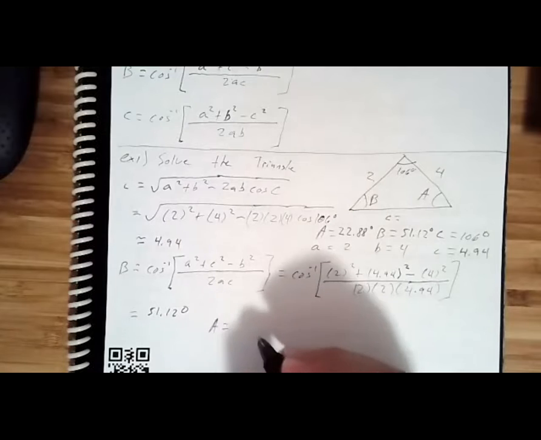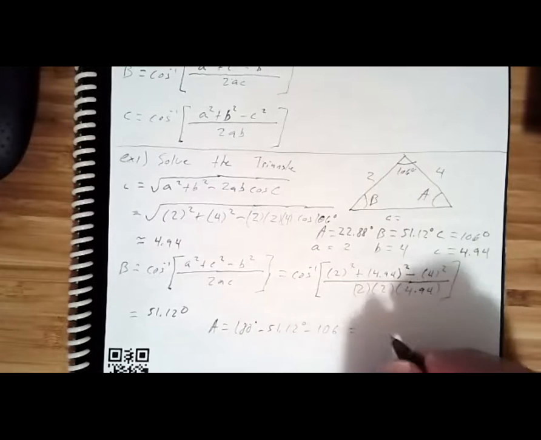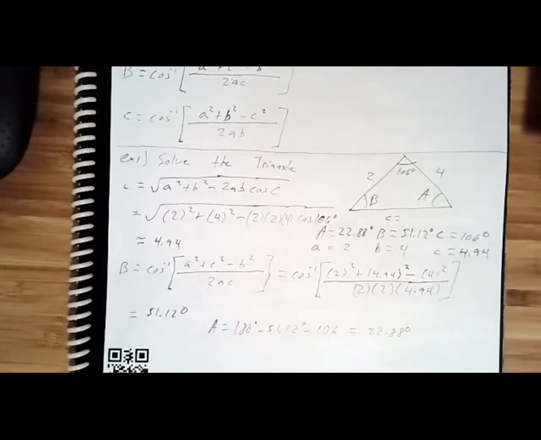So A will be equal to 180 minus 51.12 minus 106, which gave us 22.88. Any questions on example 1? So this is case 3.